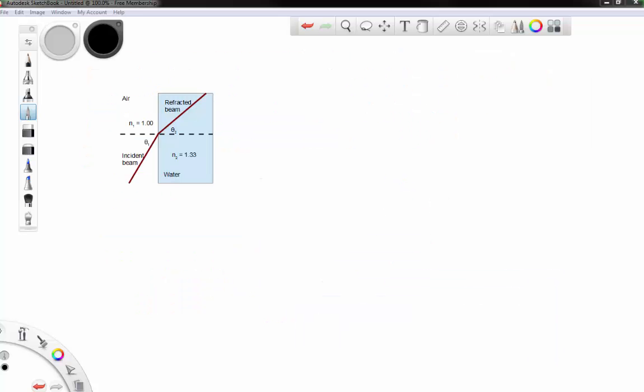So here's a simple diagram that's showing how that works out from the side. We're incident from air at some angle theta 1 into water at some angle theta 2, and we were given that theta 1 is equal to 60 degrees, and so we're trying to find what theta 2 is equal to.